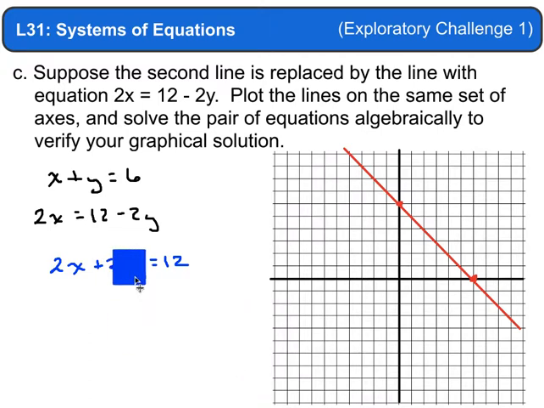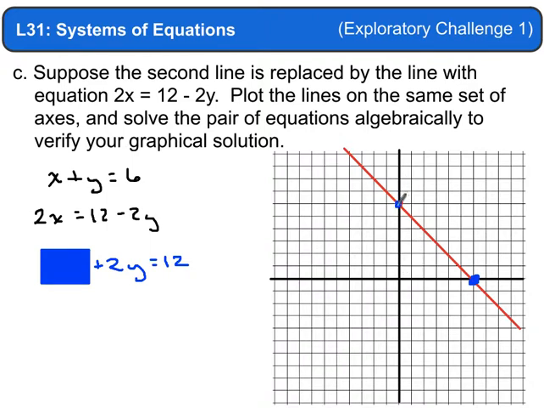And so now if I cover up this part of the equation, it reads 2x equals 12. So that means if I divide by 2, I get x equals 6. So I end up with a dot here. And if I cover up my 2x, I again read 2y equals 12. So I divide, and I get y equals 6.